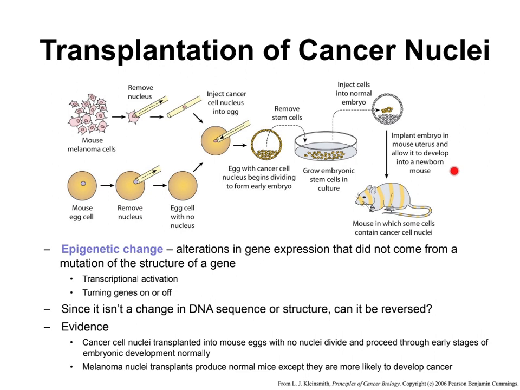And what they see is that these cells were part of the process of embryogenesis, so they end up in various places throughout the body, and only those cells contain these cancer cell nuclei. This experiment gives evidence that it is the DNA in the nucleus that is the cancer-causing agent in the end.